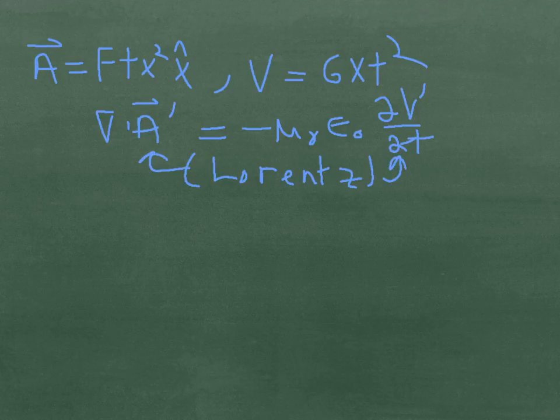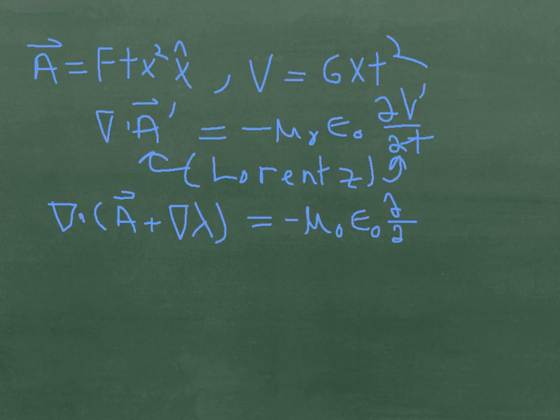We just plug in the definition of A prime in terms of A and V prime in terms of V. A prime is always going to be A plus the gradient of some function lambda, and V prime is always equal to V minus the time derivative of that function lambda.